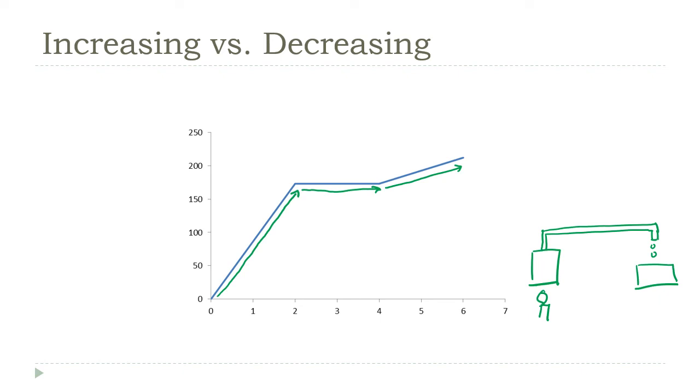All right, so I want to ask the same question here. Where is this function increasing versus decreasing? And you see, hopefully you can see, it's increasing here, that interval ends at 2, and then it levels off. When it gets over here to 4, at this point it starts increasing again, and that continues here until it gets to 6.